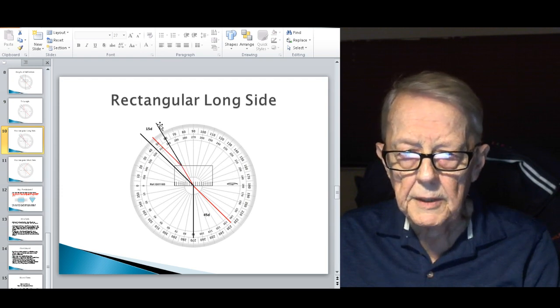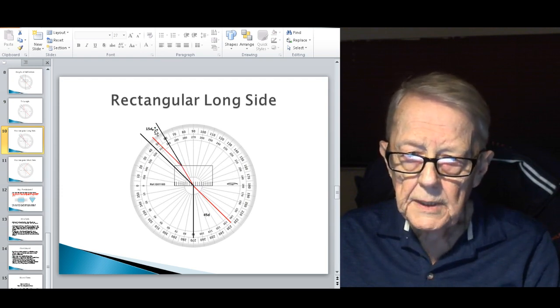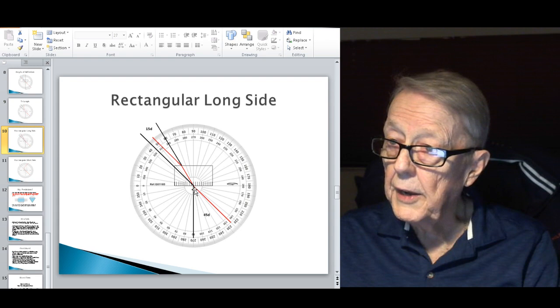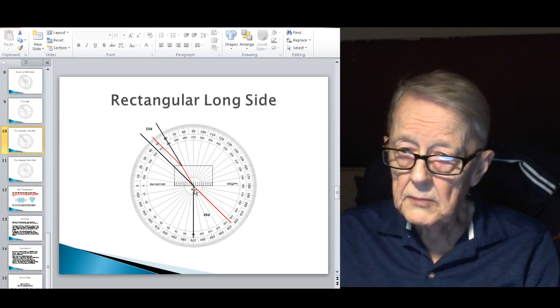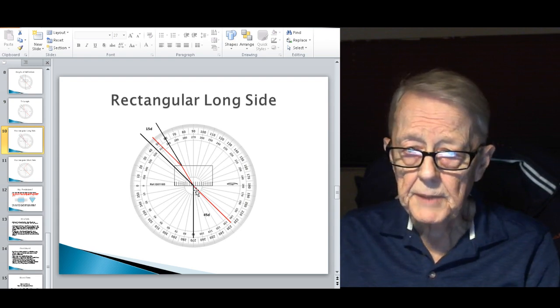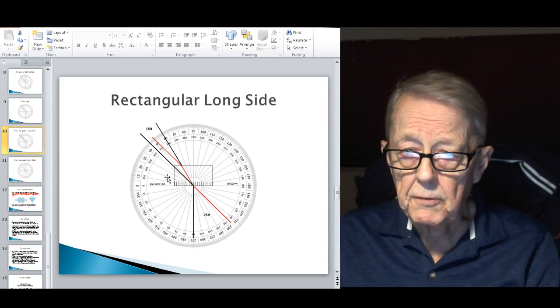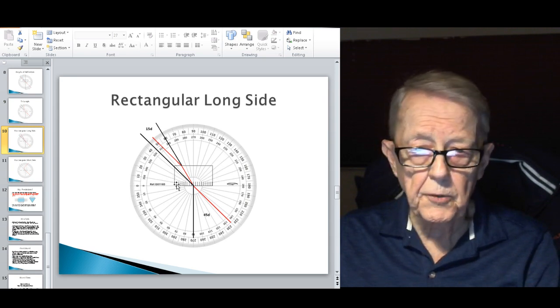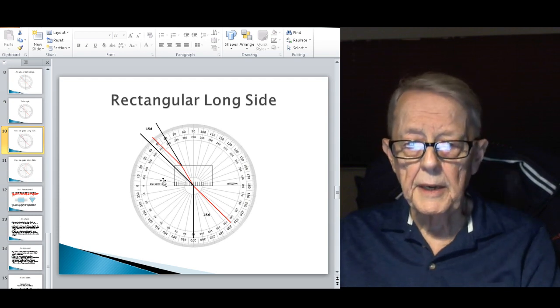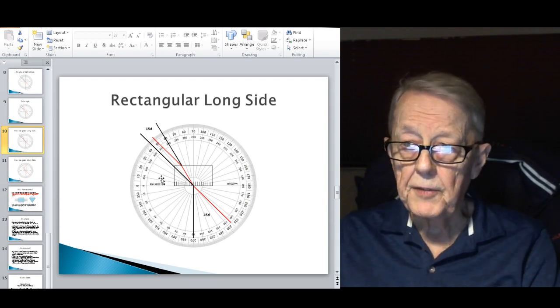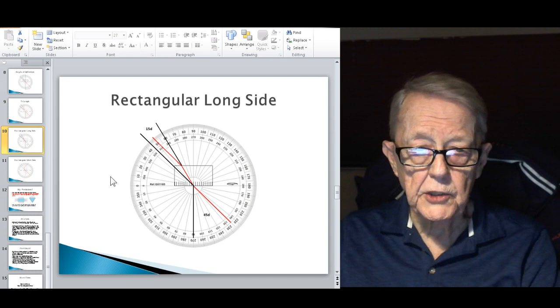And it ends up on the 60-degree line. Again, for the rectangular prism, 15 degrees. I did slide this back and forth, and I don't have a picture like I had with the triangle, but it ends up being a 15-degree angle of deflection.